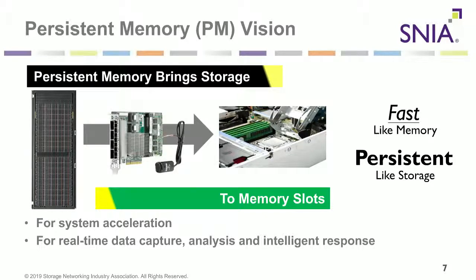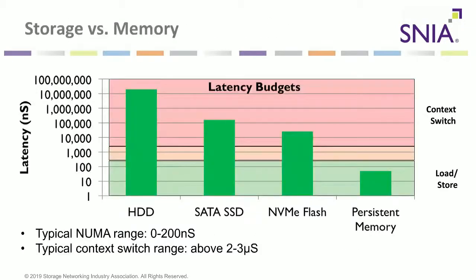And that is going to become a game changer because it's going to change the computer architecture itself, how you've been used to thinking of programming, where the data stored in DRAM is volatile.